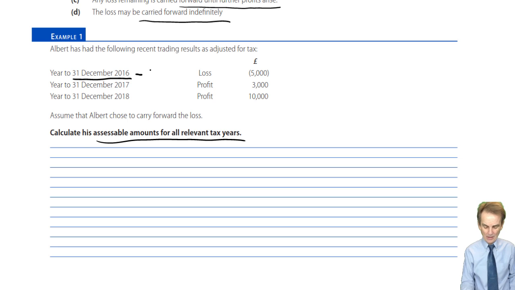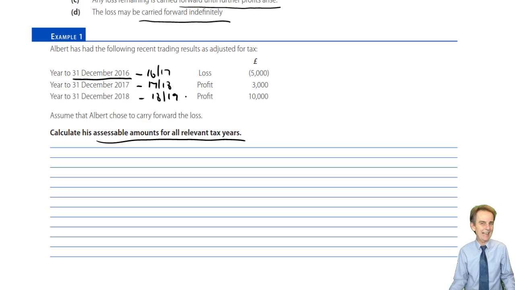Year ended December 16 ends in 1617, December 17 is assessed in 1718, through to the year ended December 18, that ends in the 1819 tax year. We know that in 1718 we would be assessing £3,000 of profit. In 1819, 10,000. In 1617, we will have a nil assessment.